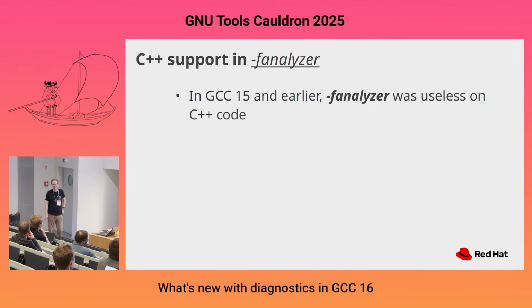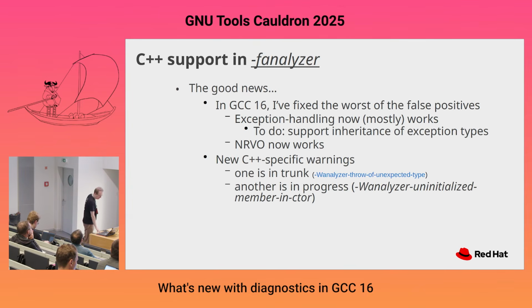At least don't use it on GCC 15 or earlier. You will get a wall of text spam. Nothing is worth looking at, mostly because it doesn't understand exception handling and chooses a whole bunch of paths through the code that aren't possible. So you will get meaningless results.